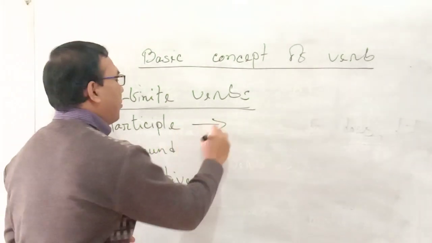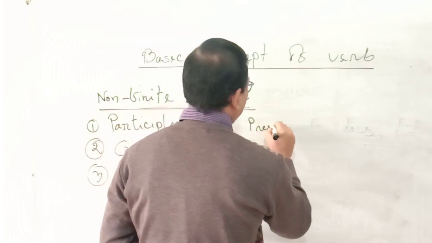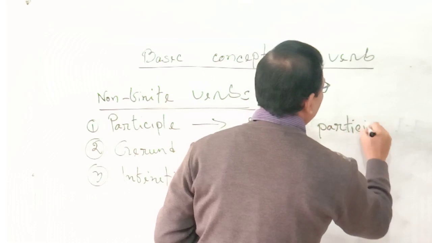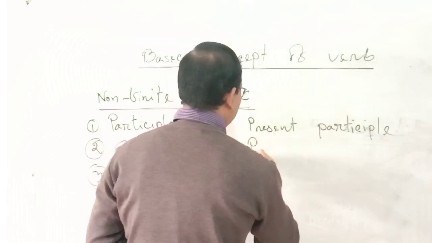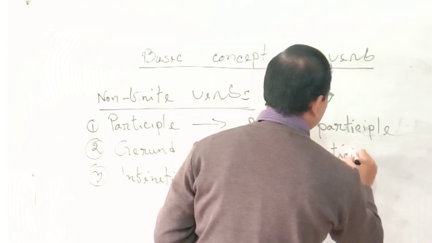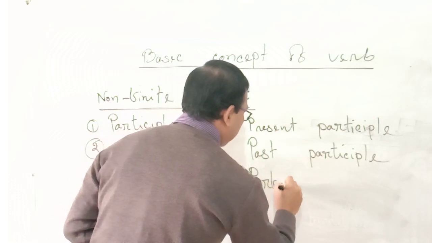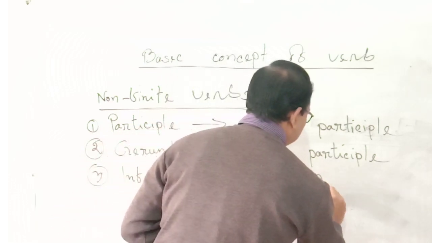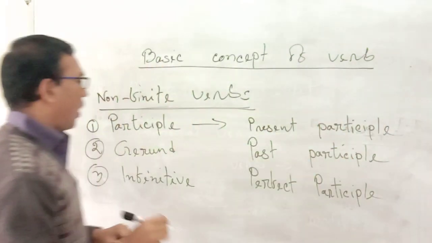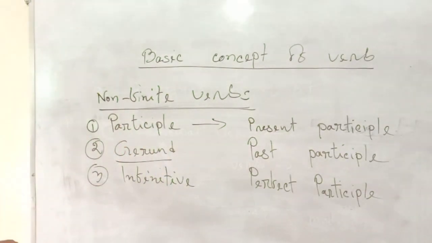Participle can be classified into three types, and they are present participle, past participle, and perfect participle.